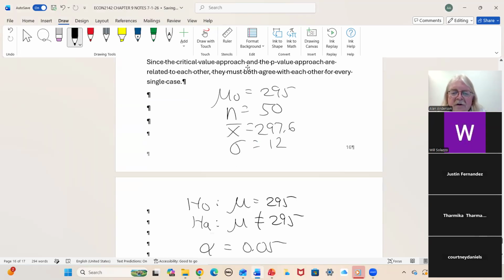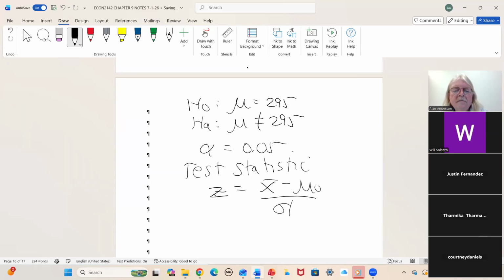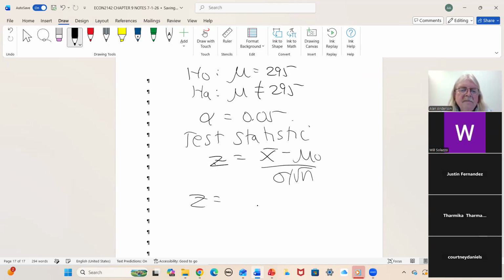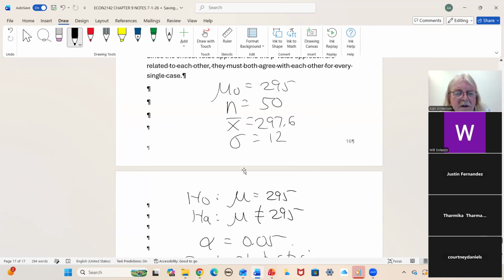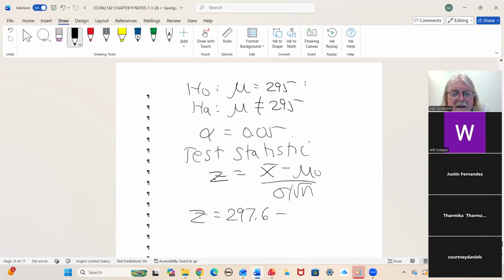So once again, we're going to use the standard normal distribution for a test statistic. And we have all these numbers. The mean is 297.6. The hypothesized value is 295. It's taken from here, the null hypothesis.